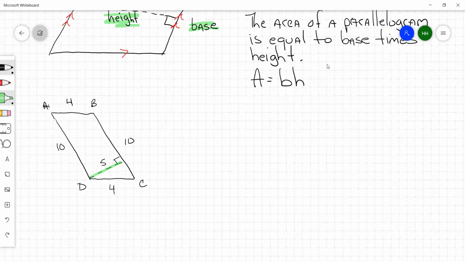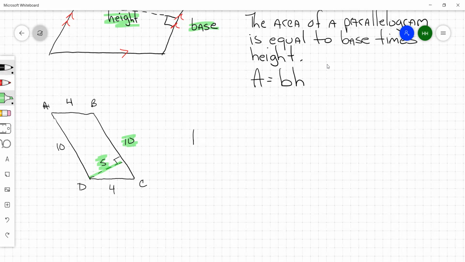It's very good. It's perpendicular to the 10. All right? So here's your base, and this is the height that you have to use. You can't use the 4, can you? Because the 5, which represents the height, is not perpendicular to the side that's 4 units long, is it? It's perpendicular to the side that's 10 units long.